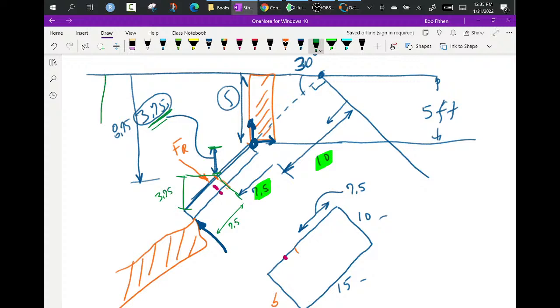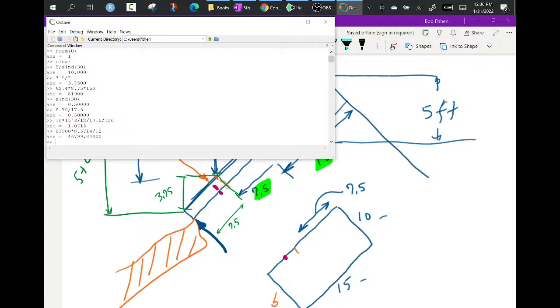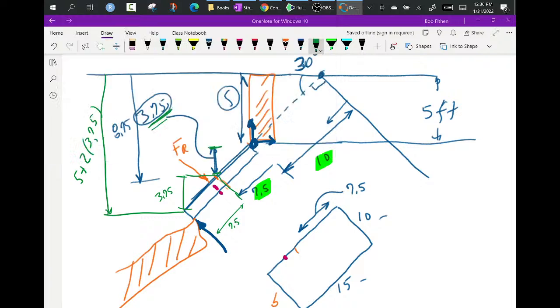So if you're looking for the distance to the far edge of this plate, it will be 5 plus 2 times 3.75. Now here, 2 times 3.75 is 7.5. Okay, so let's do this. This will be 7.5.